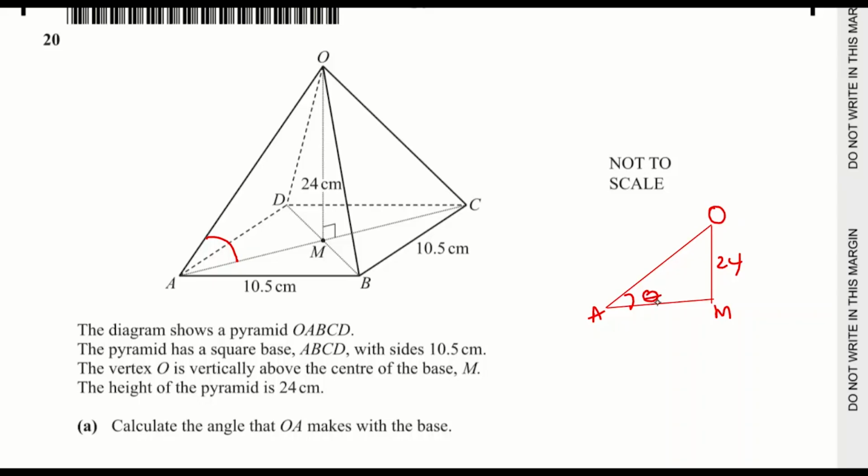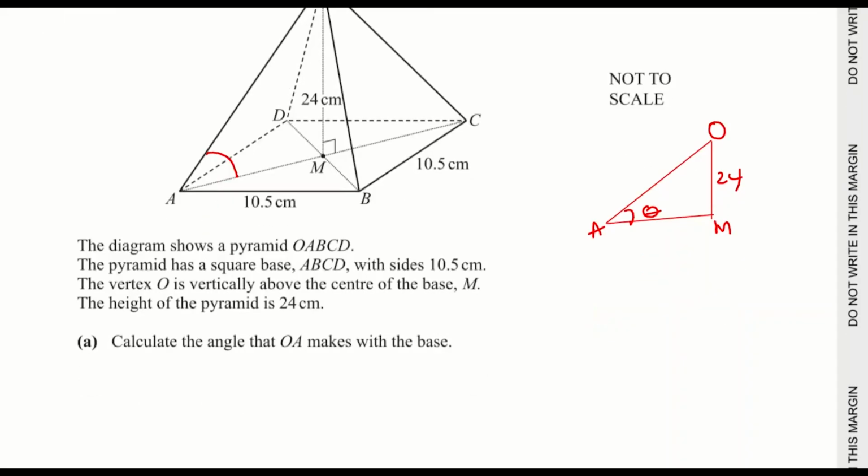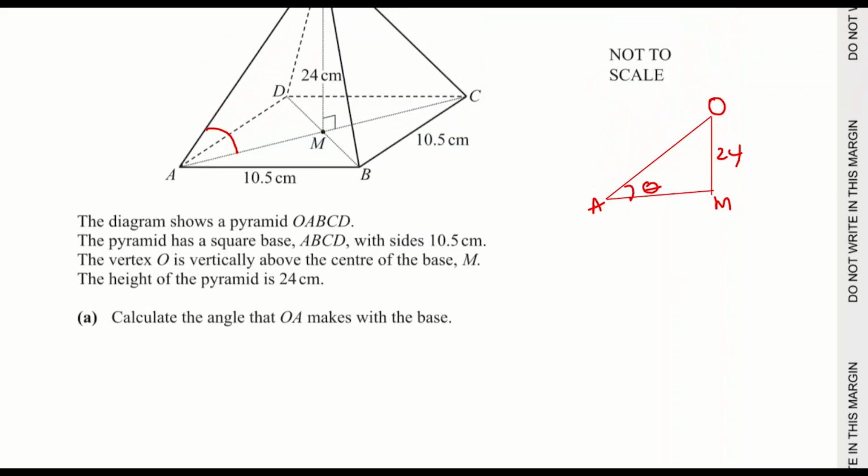Let's say theta. Now from the triangle ABC, I can make use of Pythagoras theorem to find AC. So let's scroll down here.